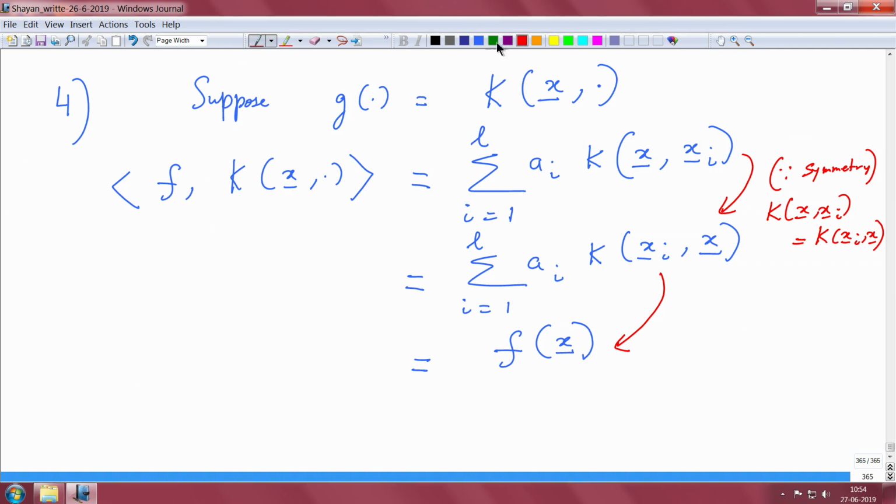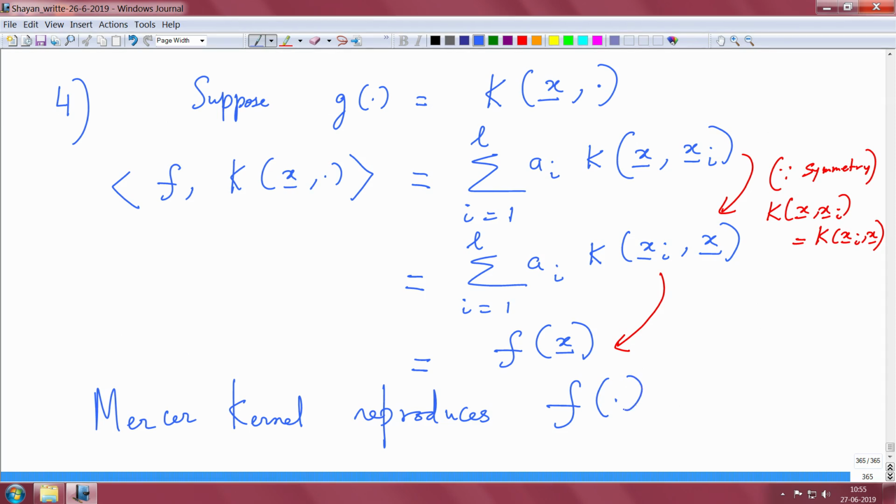That means the Mercer kernel reproduces this function back, and that is the reason why it is called a reproducing kernel.